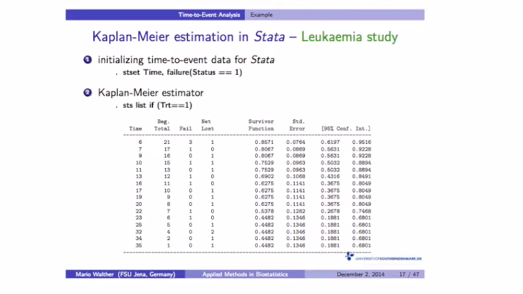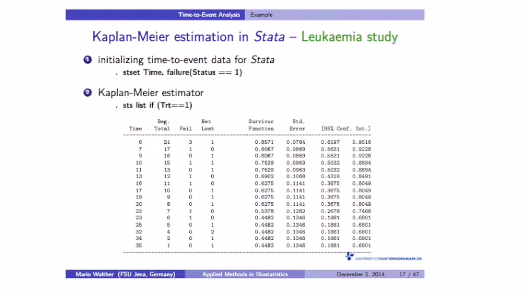Tj defines the individual event or censoring time, so for calculating life tables you also include the censoring times.